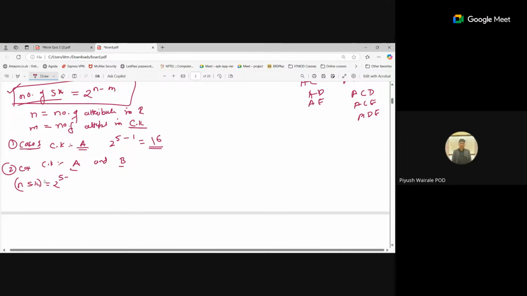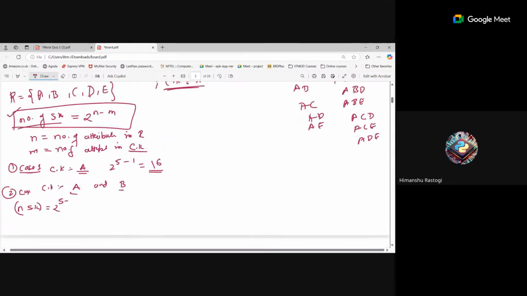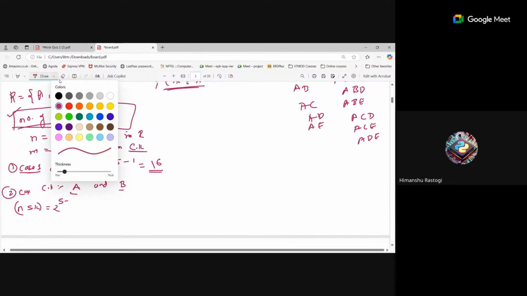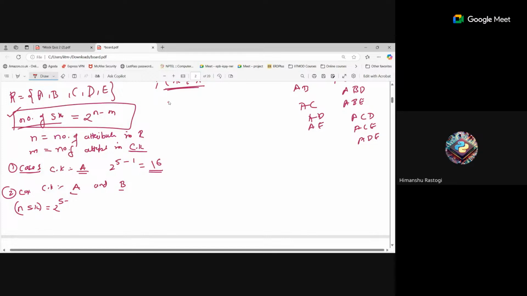Why are we doing it like that? This one is from the number of subsets, but you can think about it like this: A will generate this many keys, B will generate this many, again 2 raised to 5 minus 1, and their intersection will have 2 raised to 5 minus 2, which we have to subtract.